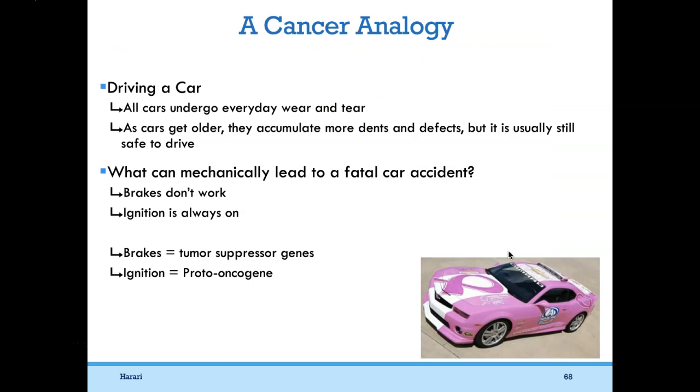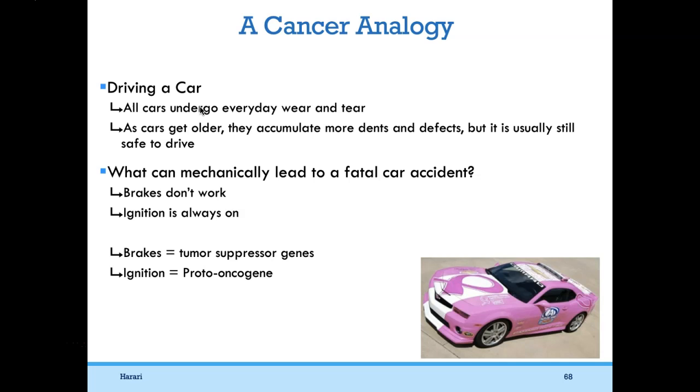So here's an analogy that might help. When you drive a car, all cars undergo everyday wear and tear, right? You might bump into something, you might get a little scratched, but most of the time it's not going to impact the car itself, right? And as the car gets older, it's just going to accumulate more scratches and dents, but most likely it won't be fatal, right?